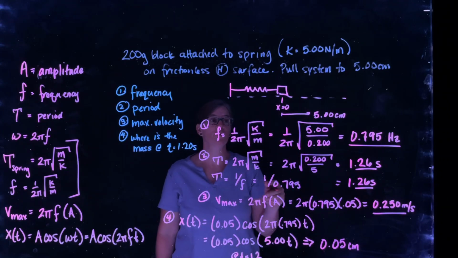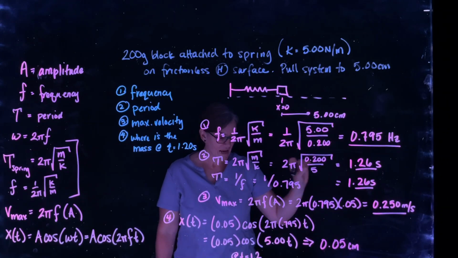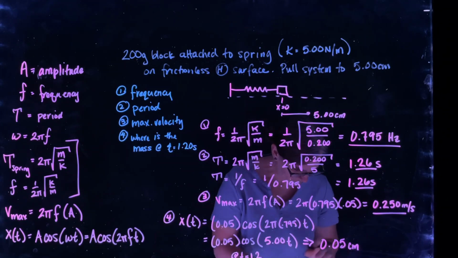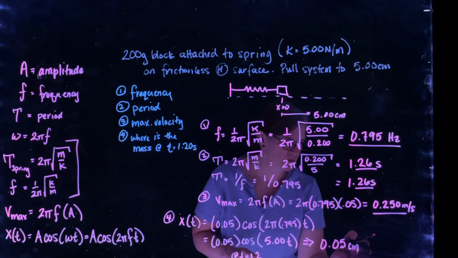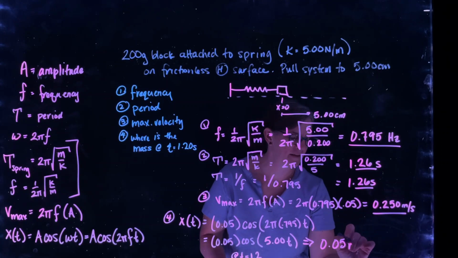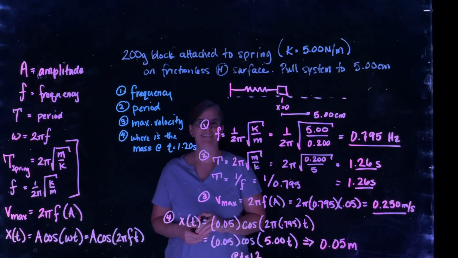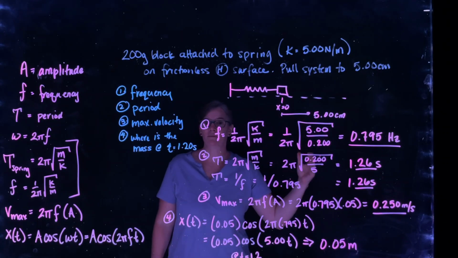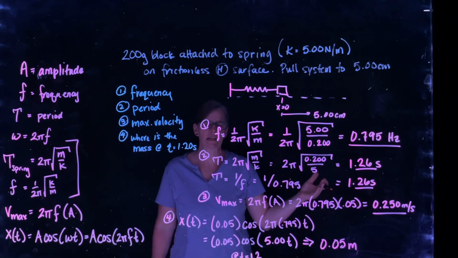So at 1.2 seconds, we are, sorry, that's meters, 0.05 meters. And what does that tell us? It tells us that we're really near our maximum, and rounding tells us that it's at a maximum.